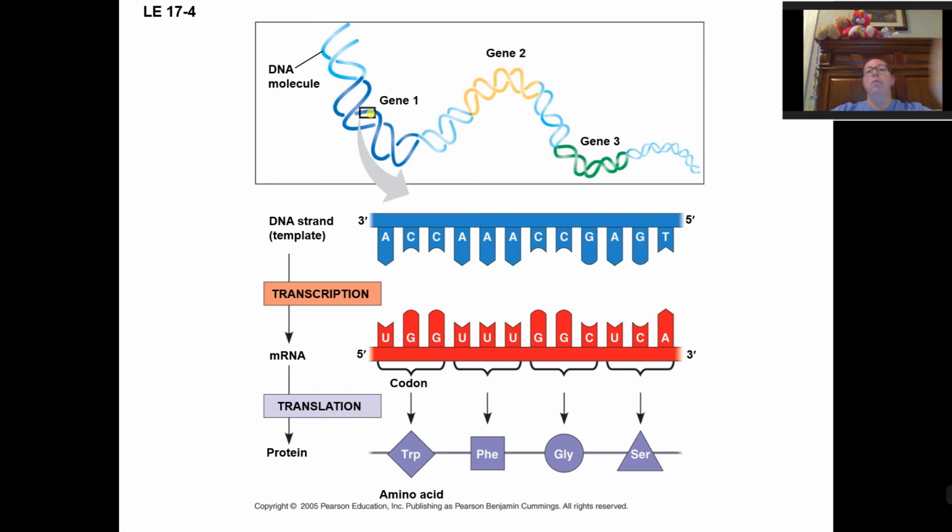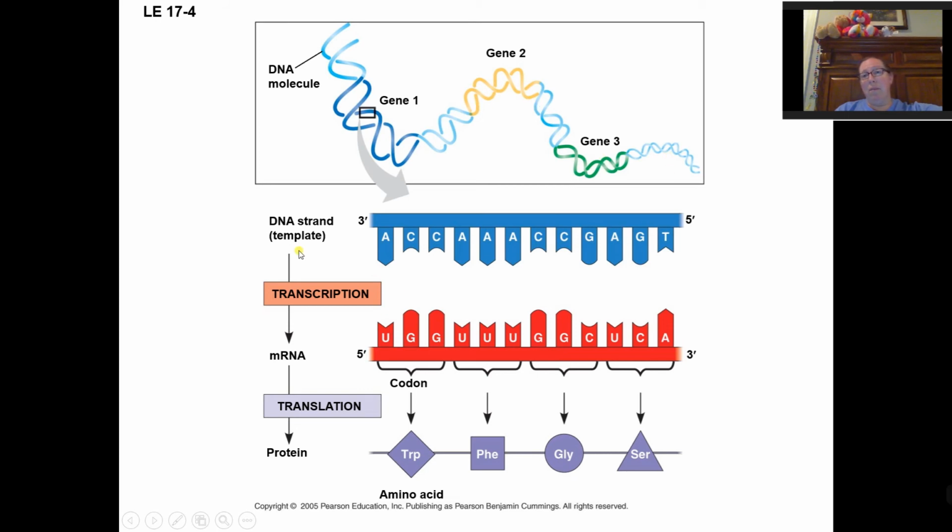Now when you are making RNA and protein, it uses a template strand. Each gene uses a different template strand. So we're not replicating. There aren't 2 template strands coming apart and both of them being used. It's not doing that. It uses one side. So gene 1 might use this side and gene 2 might use the other side, and gene 3 and so on and so on.